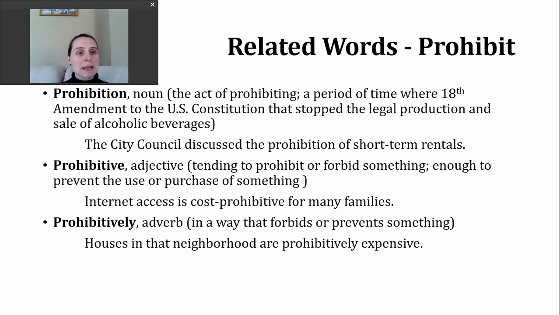So sometimes you'll see people referring to the time. And again, when you see a capital P, that's referencing that 13-year period of time.